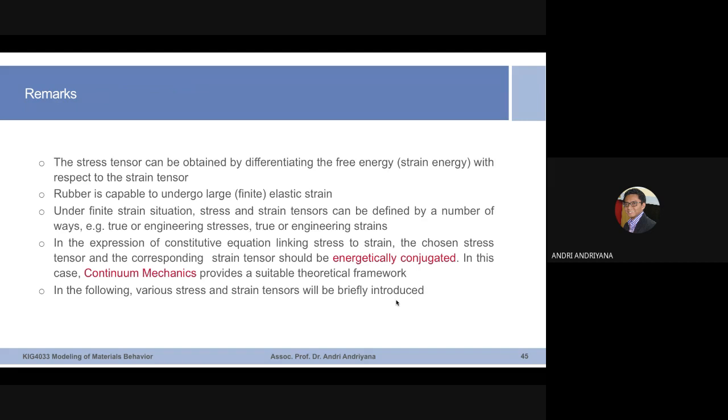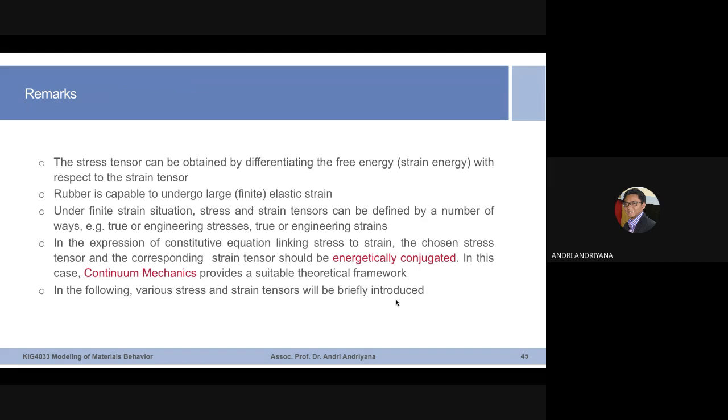Okay, so when we derive or develop a mathematical model, we cannot simply write stress as a function of strain arbitrarily. If we choose one stress, for instance, true stress, then we need to pair it with another strain, which is, for instance, true strain. We cannot simply mix engineering stress with true strain, for instance.